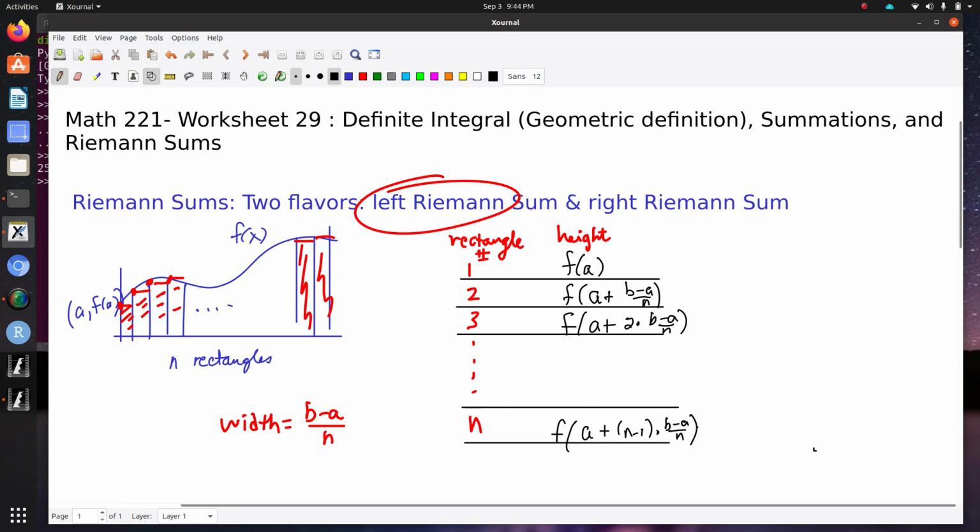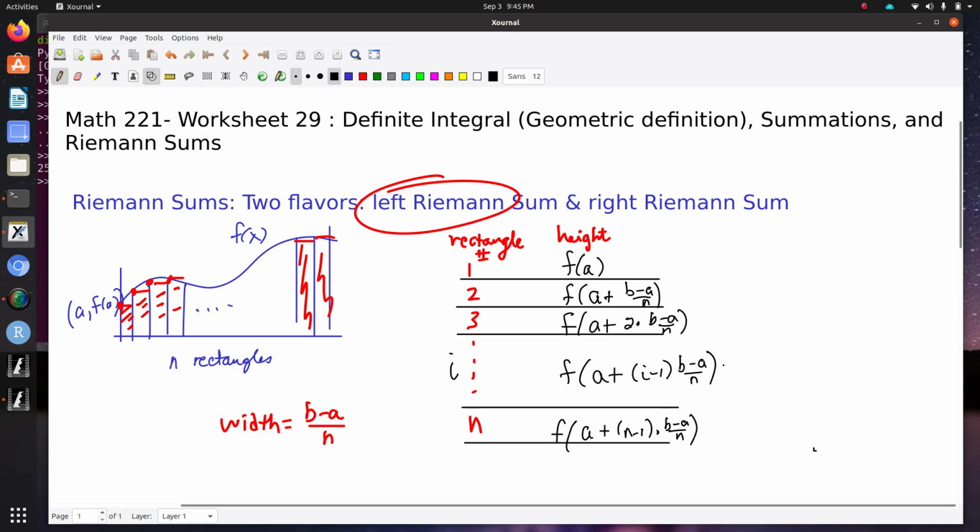Because we're doing the left Riemann sum, we actually never arrive at b. So what does this mean for a generic rectangle i? The height is f of a plus, and this is crazy, i minus 1 times b minus a over n. And you might say, well, that's really messy, and I agree with you.